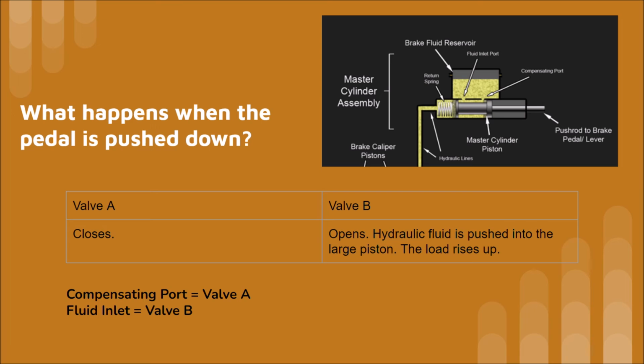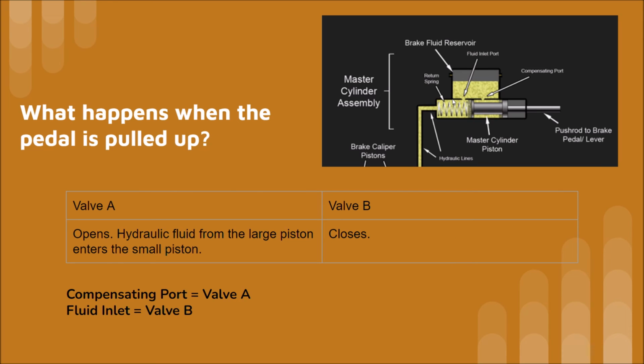Therefore, the hydraulic fluid will be pushed into the large piston and it will rise up. What happens when the pedal is pulled up then? Valve A will open and hydraulic fluid from the large piston will enter into the small piston and valve B will close.